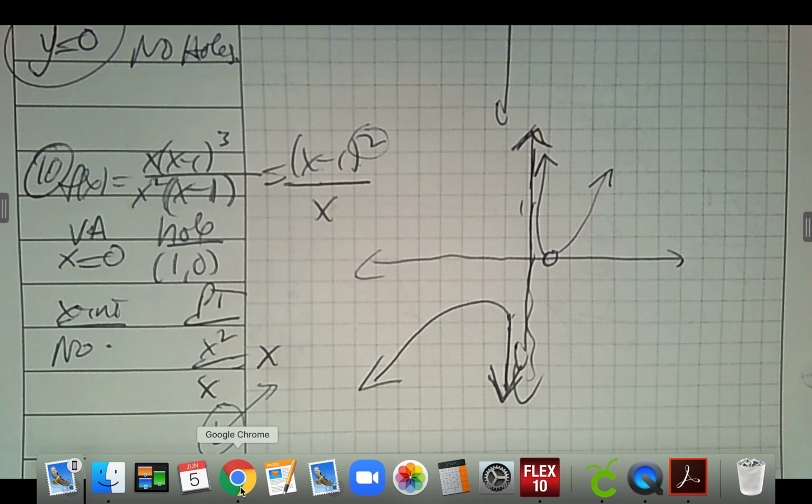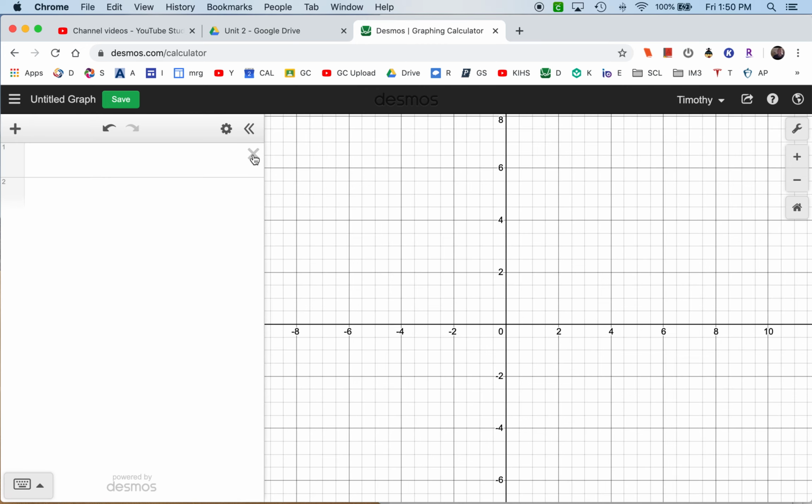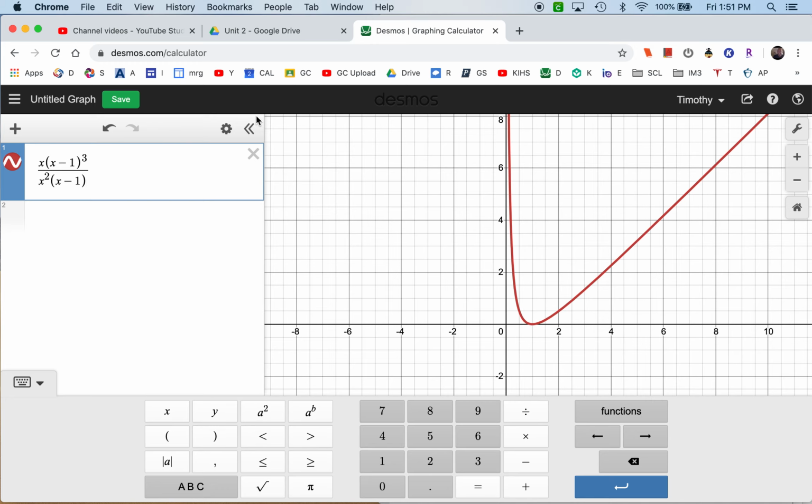Let's look here. So let's erase this. So we have x subtract 1 cubed. In the denominator, we have x squared, x subtract 1. So that's what we have.